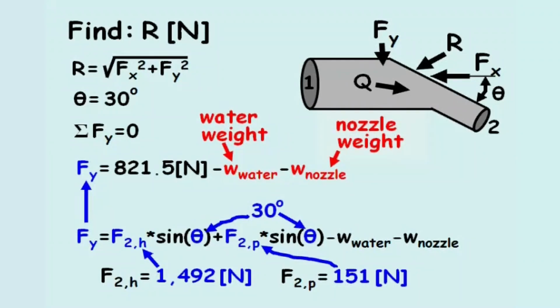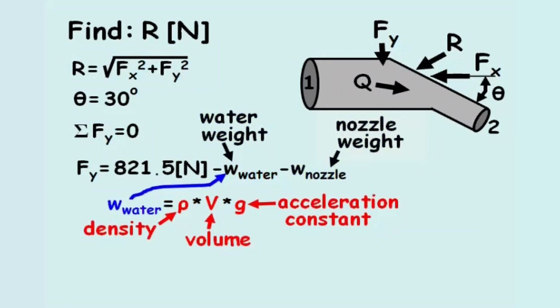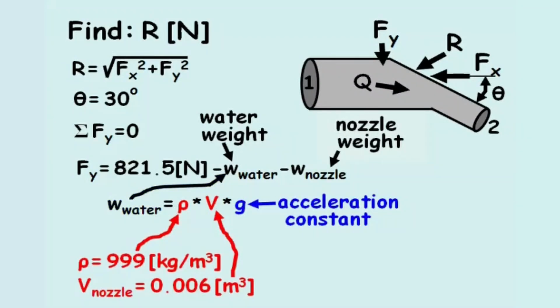The weight of the water equals the density of the water, rho, times the volume of the water, v, times the gravitational acceleration, g. From the problem statement, we know the density of water and the volume inside the nozzle.